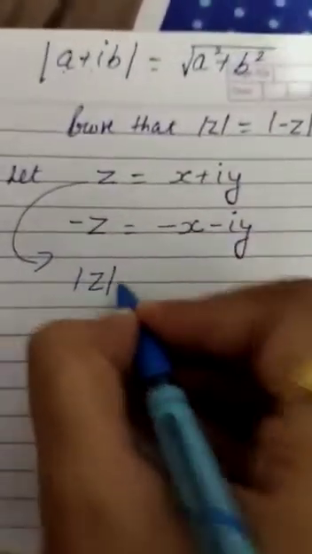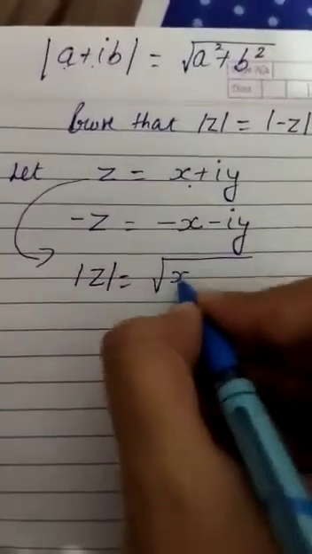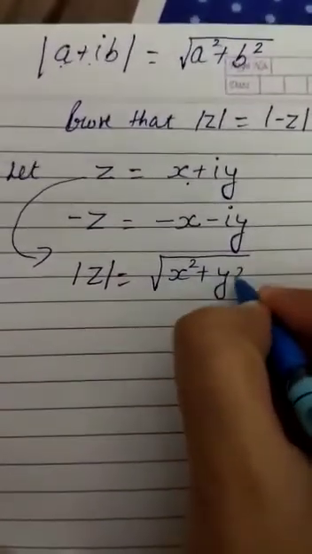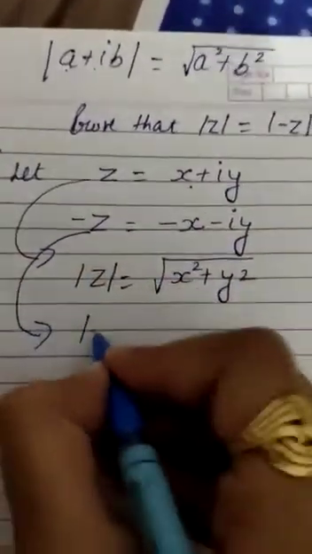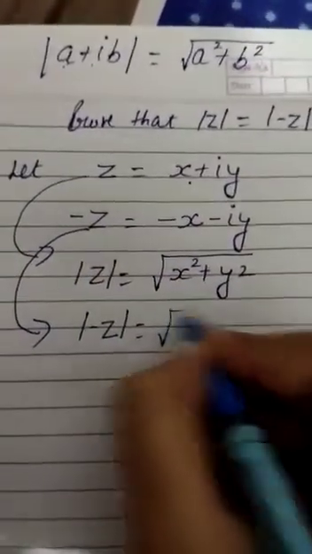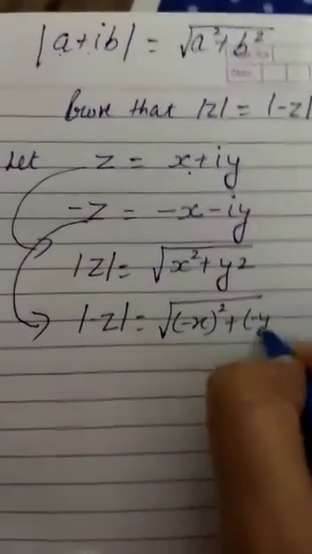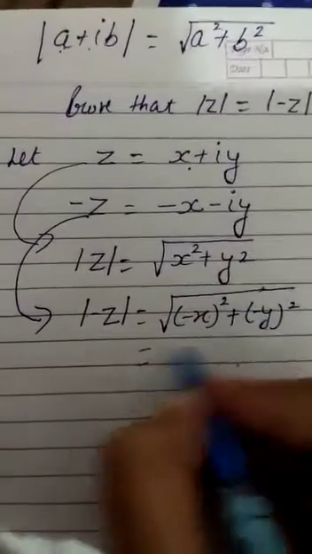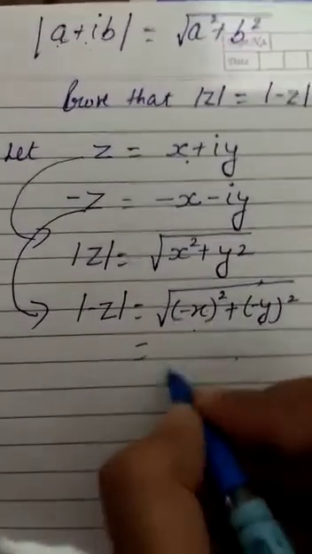Now we will find mod z. We already know how to find it: square of the real part plus square of the imaginary part. Now we will find mod of minus z. It will be minus x square plus minus y square, square of the real part plus square of the imaginary part.